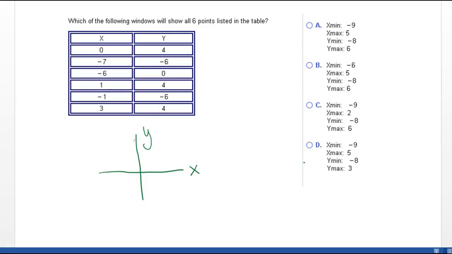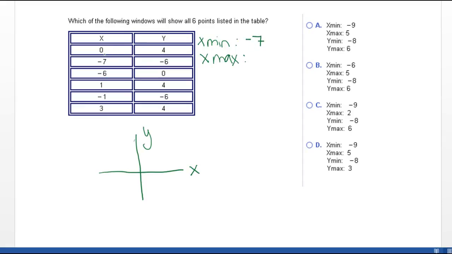Well, to figure out which of these we need, I think it's easiest for us to go through and list what we actually have in terms of our x min and x max. And then we'll go through and do our y min and y max. So for the x min, I'm literally just going to look at all of my x values and find the smallest one. The smallest x value is -7.